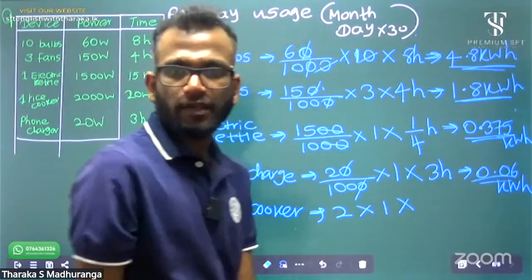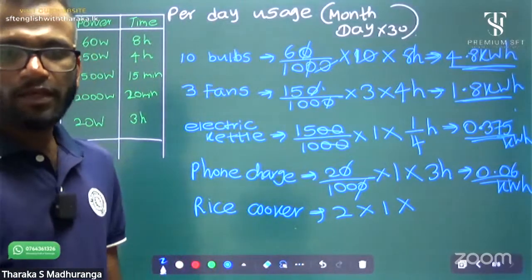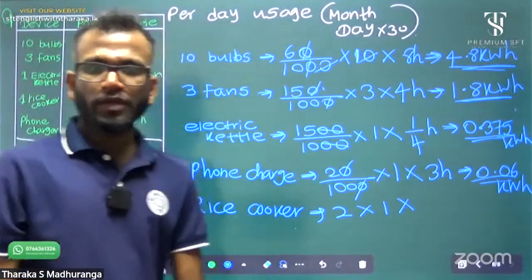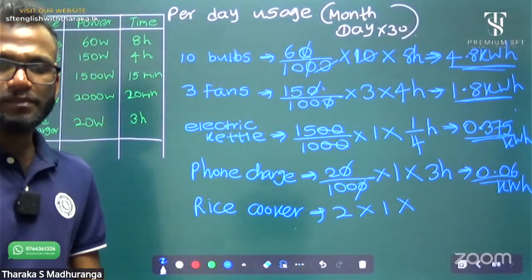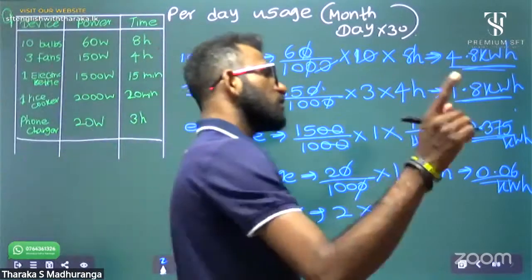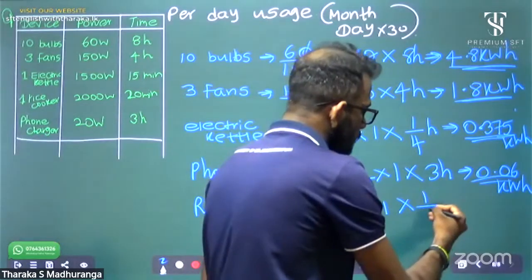20 minutes. 20 minutes mean what is hours? Yeah, 1 over 3, because per 1 hour, 1 over 3.